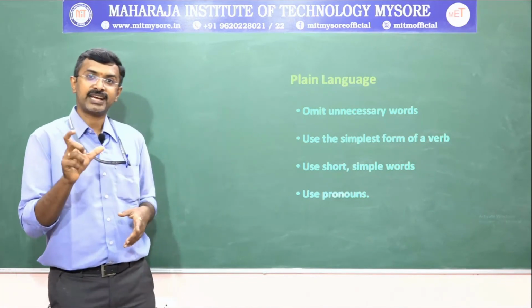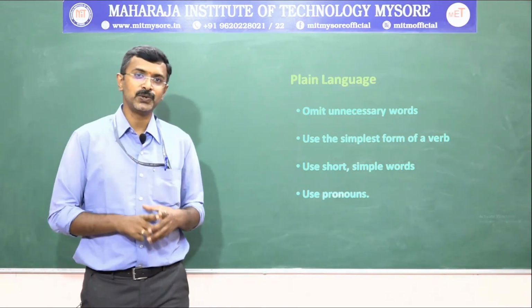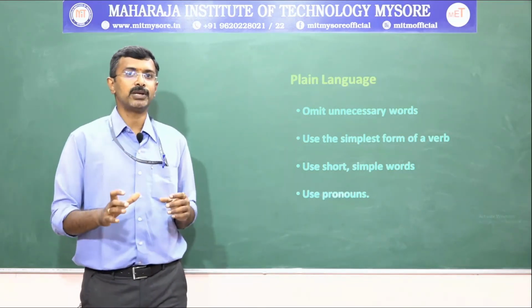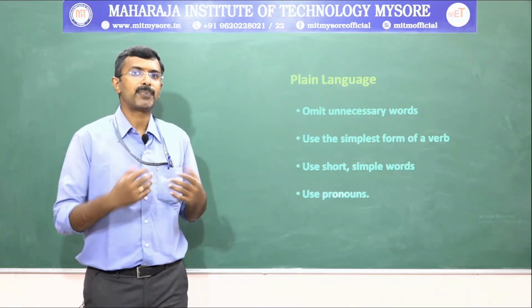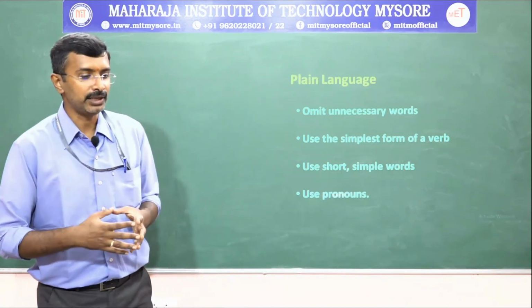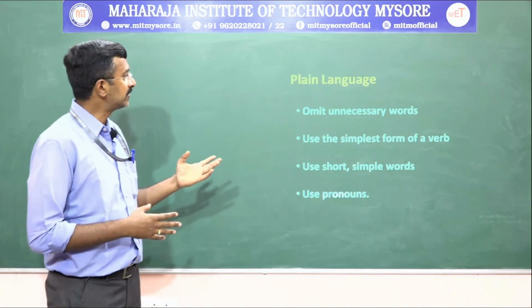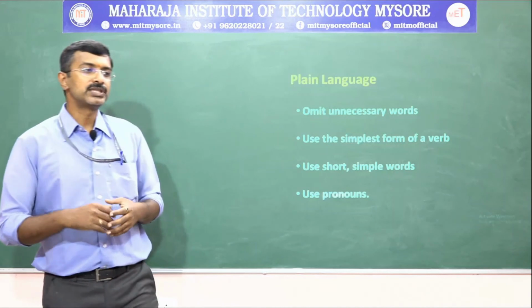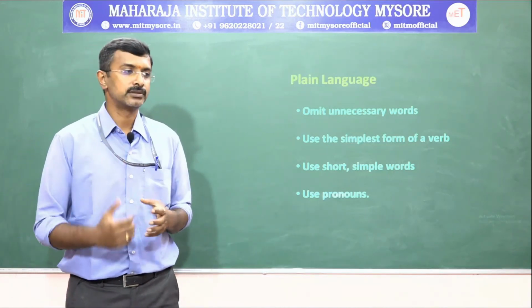So these are all the tags, simple plain language which we have to use to reach the end users, and it will give the right information about the product. Using plain language is very important. What exactly does it tell you? You should omit unnecessary words. Use simple forms of verbs.